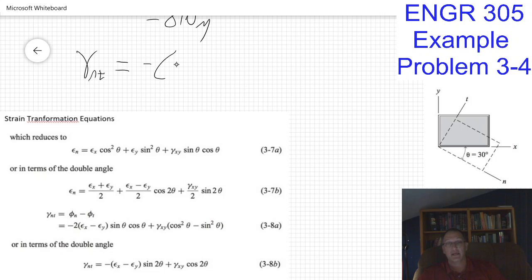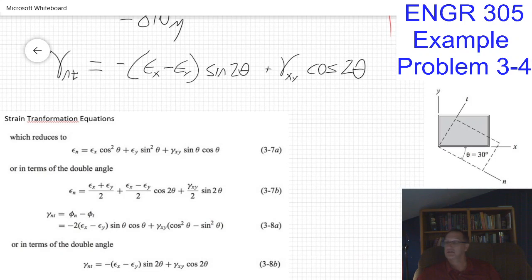So that's negative the normal strain in the x direction minus the normal strain in the y direction times sine of 2 theta, plus the shear strain in the xy times cosine of 2 theta.